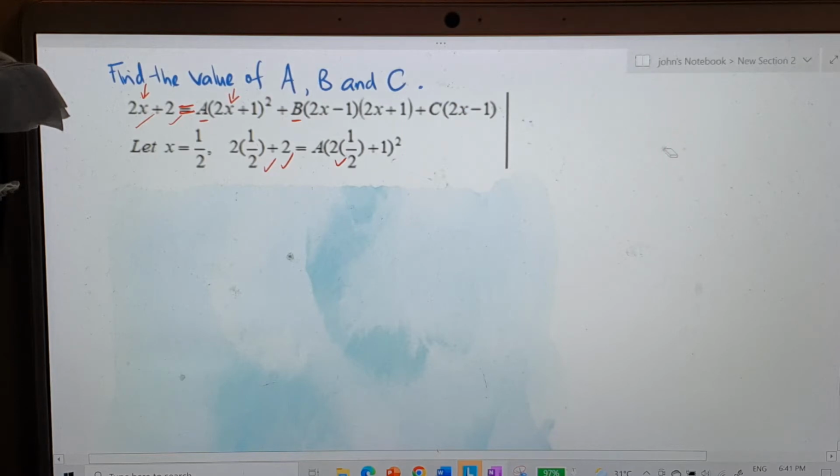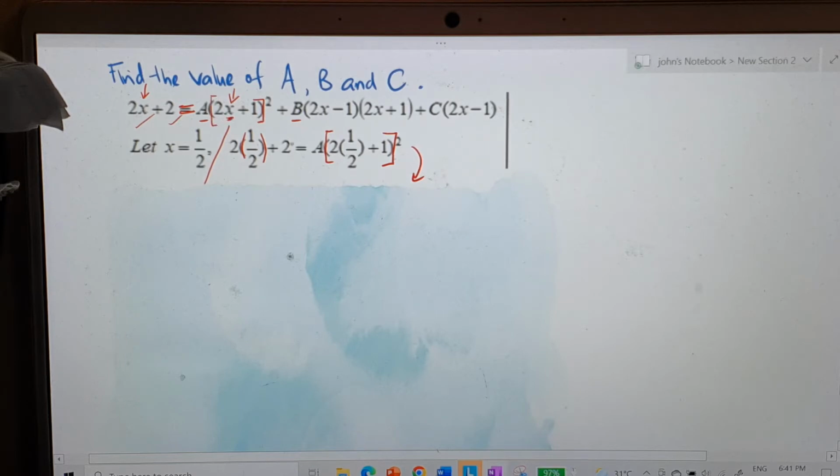And if you press the calculator correctly, I would recommend that you write this on the next line. Don't write that because it can be quite confusing for some of you. So press the calculator properly and make sure when you replace the x, you put brackets. And don't forget that there is this square here.